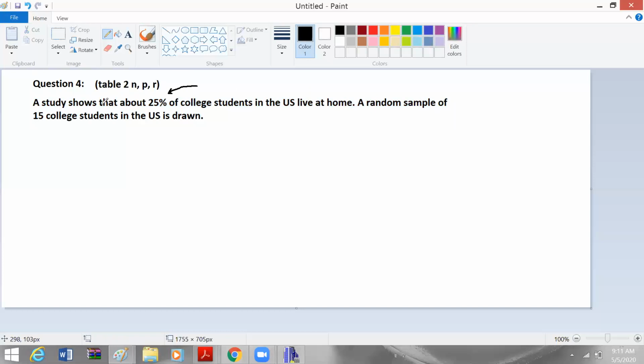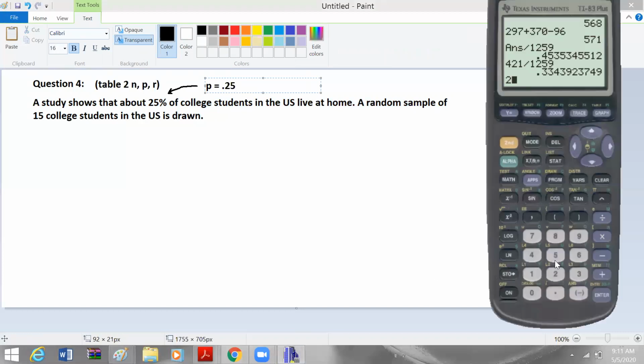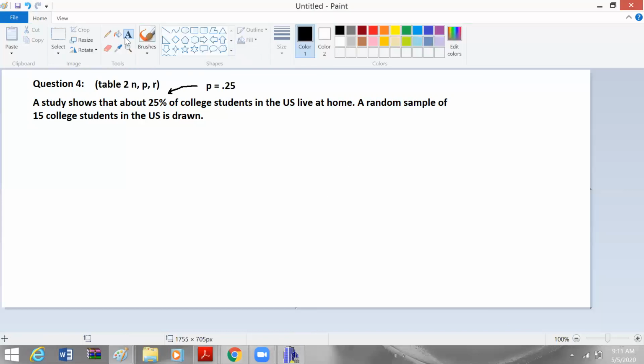The study shows that 25% of college students in the US live at home. So p is equal to 0.25. You need to convert the percentage by taking 25 and dividing it by 100. We get 0.25. And then n usually comes as a whole number.